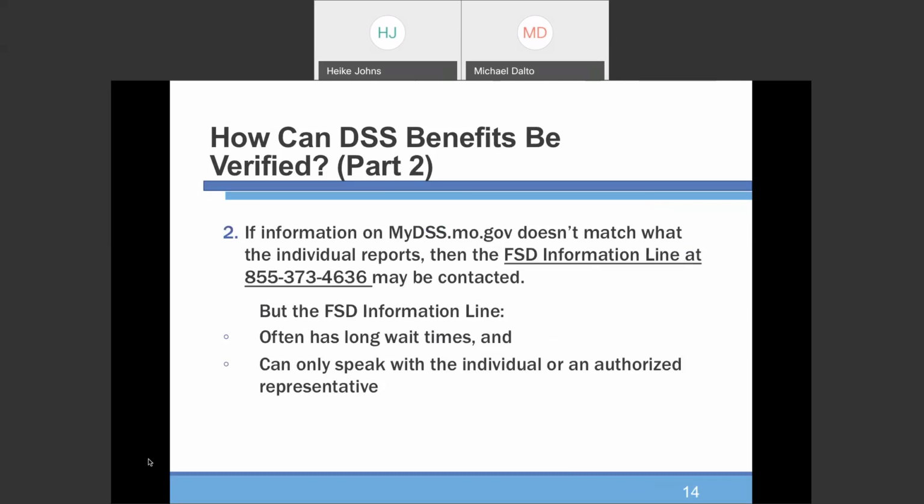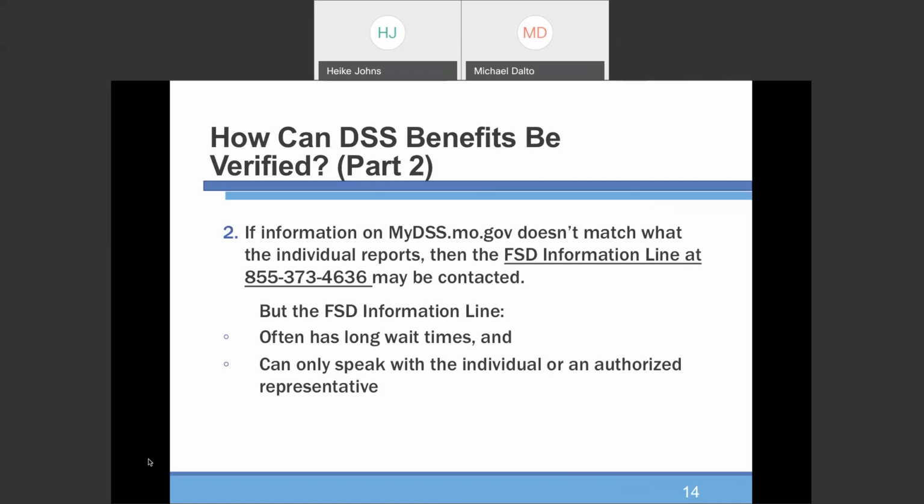Now, if the information on mydss.mo.gov doesn't match the other sources of information, individual, a worker, a benefit awards letter, then you want to call the FSD information line. That's 855-373-4636.